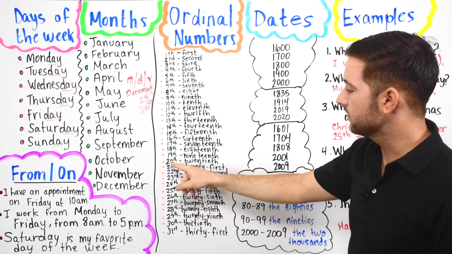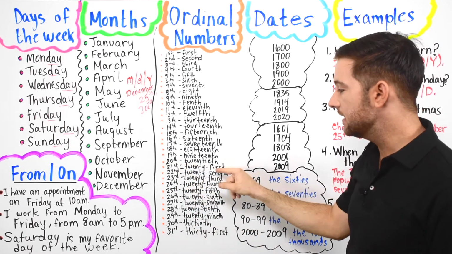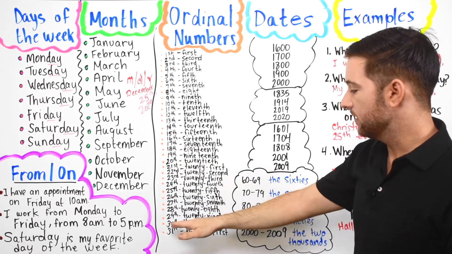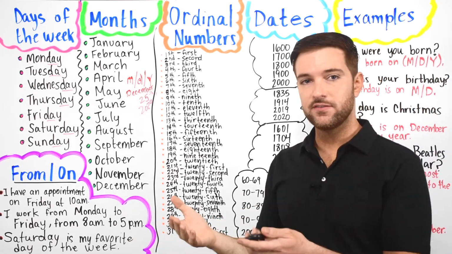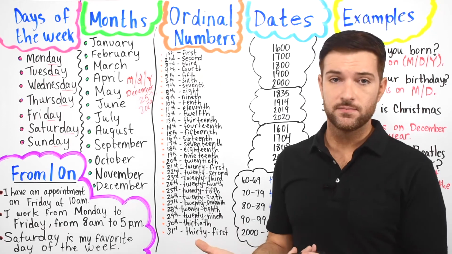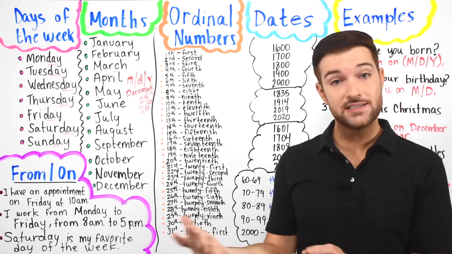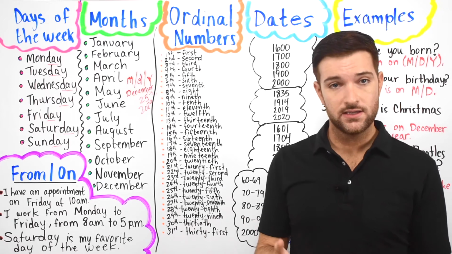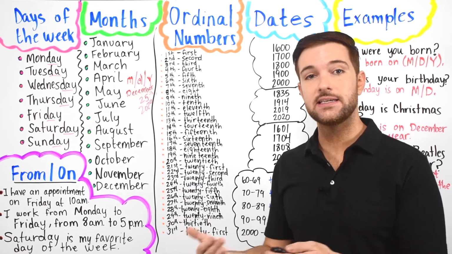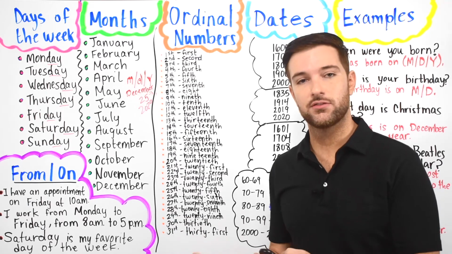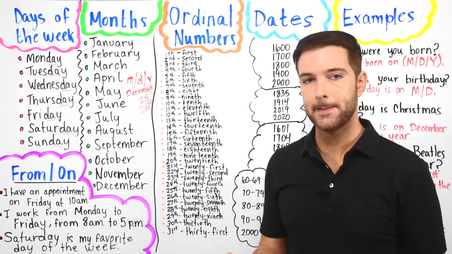Okay, it's kind of like 20 right here. We have 20th with the ieth. We have 30th. So 40, what would 40 be? 40 would be 40th. 50, 50th. 60, 60th, 70, 70th, 80, 80th, 90, 90th, and then when you have 100th for the number 100, okay?